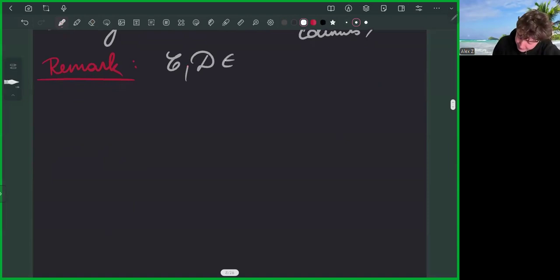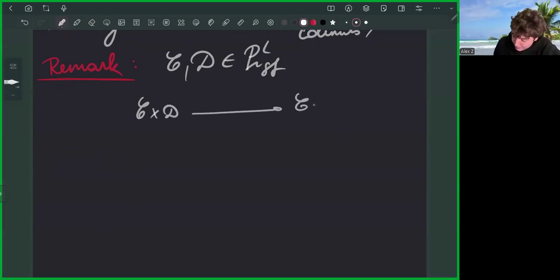So if C and D are presentable stable categories, then there is a canonical map from C times D to C Lurie tensor product D. Let me denote this by the square tensor product. So this is this canonical bilinear functor that you get from the universal property of the tensor product, the Lurie tensor product.